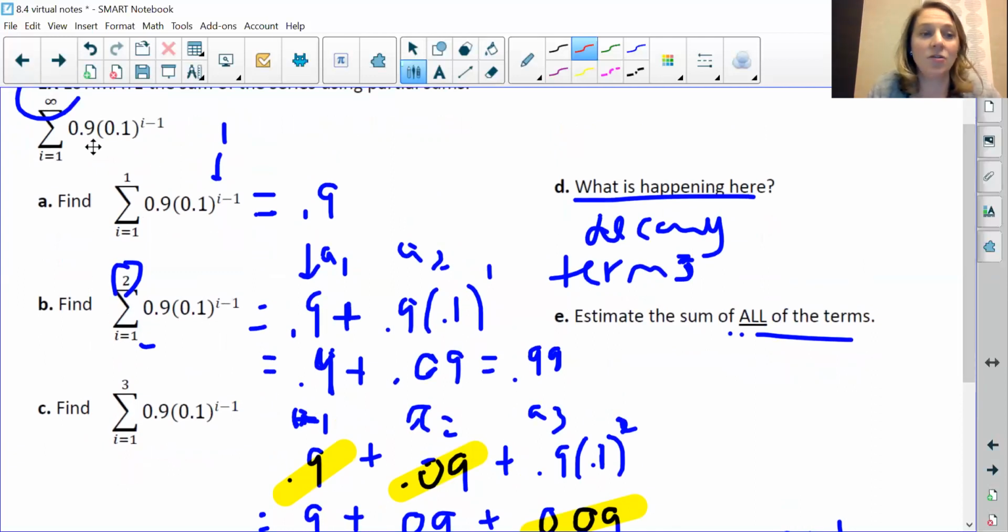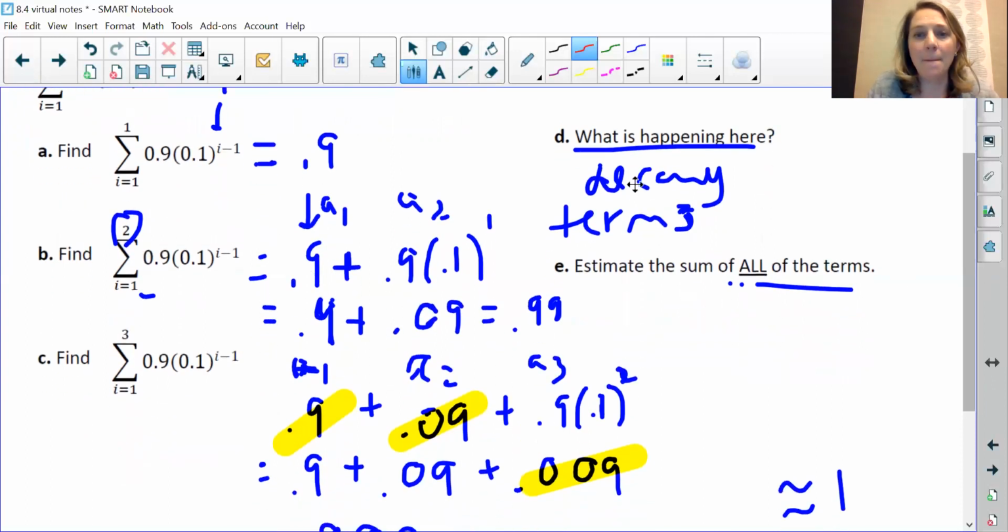Infinite geometric, so you can see our geometric series where the ratio, this 0.1, is less than 1, we can find the infinite sum by taking the first term over 1 minus the rate.